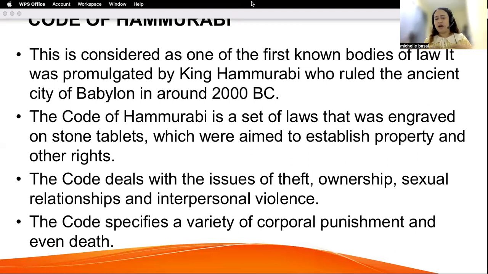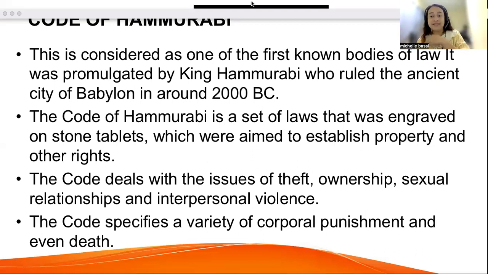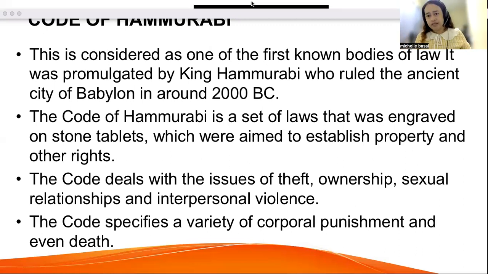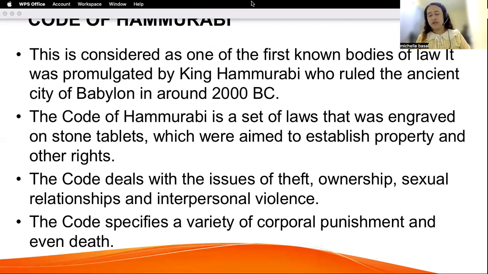That was allowed in ancient times. Now, we can no longer do that. Even the imposition of the death penalty right now is not allowed, because we are ratifiers of international laws prohibiting the imposition of the death penalty, and we have a domestic law prohibiting judges from imposing it. Crimes punishable by death or reclusion perpetua should be filed within the regional trial court, yet regional trial court judges cannot impose the death penalty.